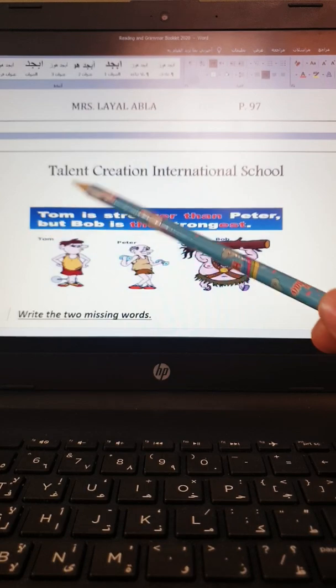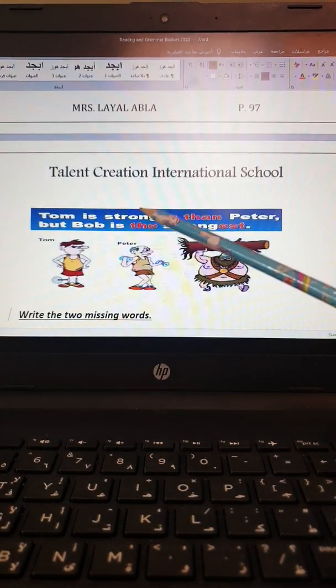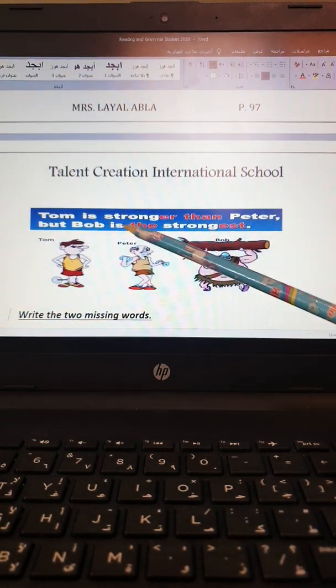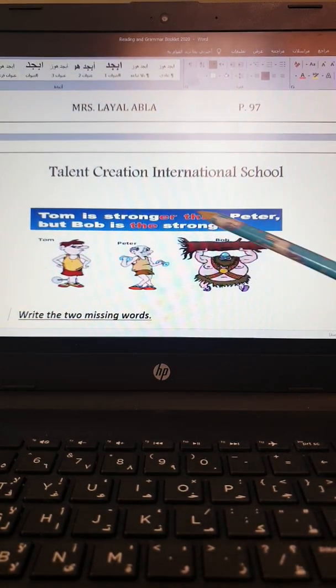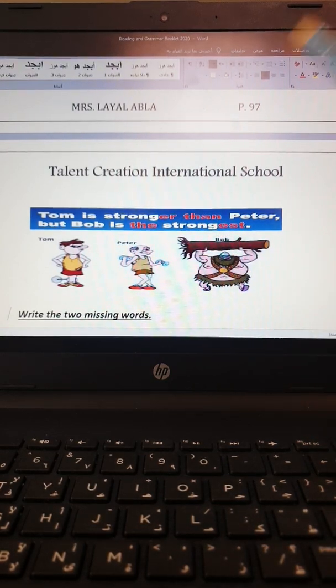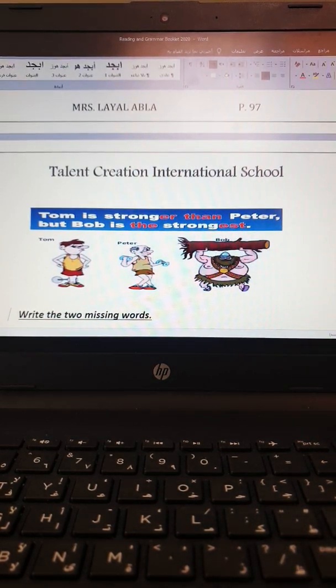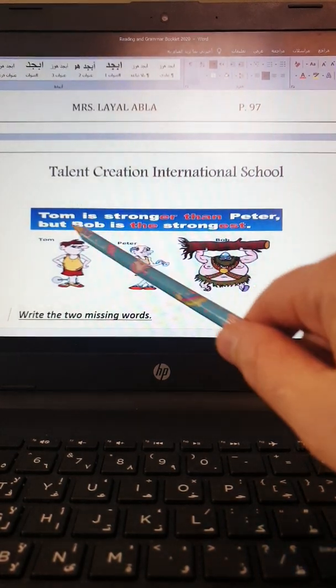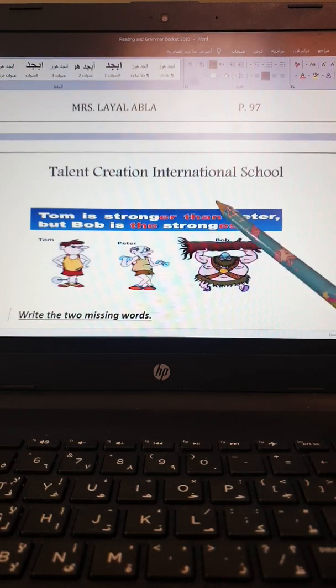And here we have this sentence: Tom is stronger than Peter, but Bob is the strongest. So look at these words, stronger and the strongest. In this word we have the ending er. So here we are comparing between Tom and Peter.